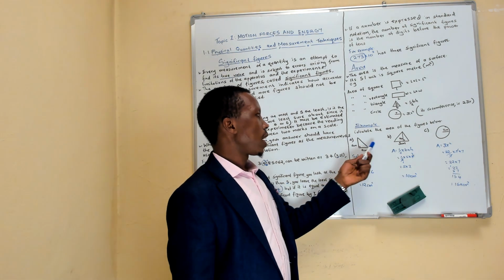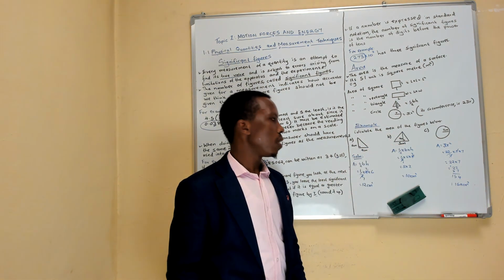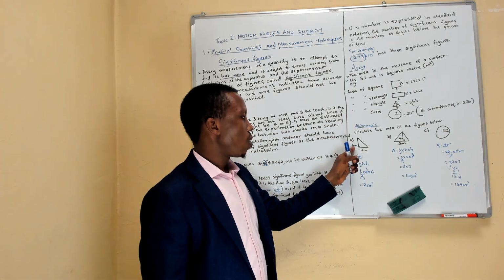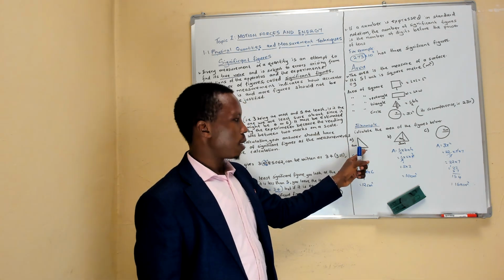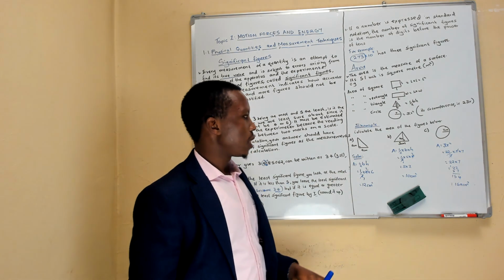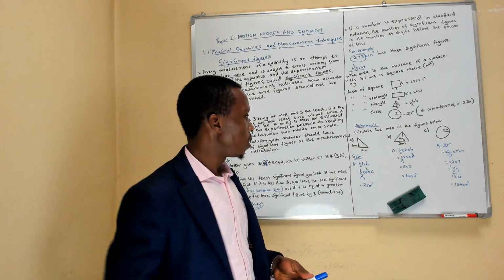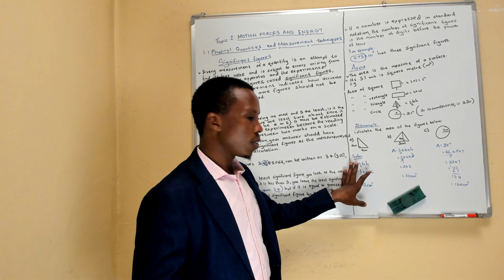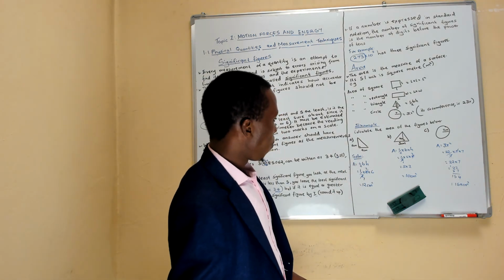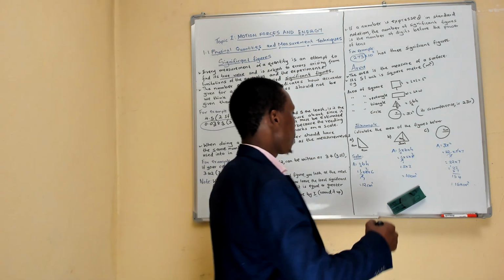For example, calculate the area of the figures below. Example A, a right angled triangle of height 6 centimeters and a base of 4 centimeters. Solution: the way I told you, when you are given a calculation like this, you first start with the formula. There's a mark for this.